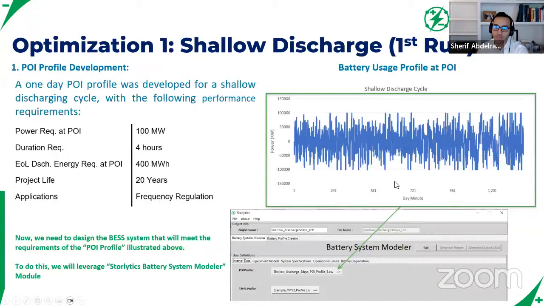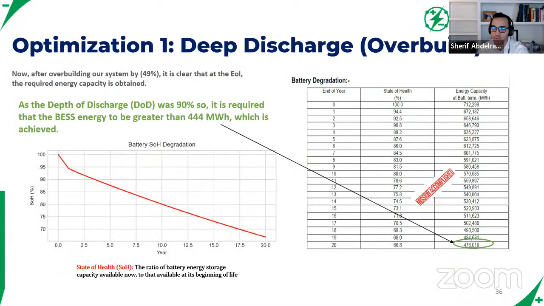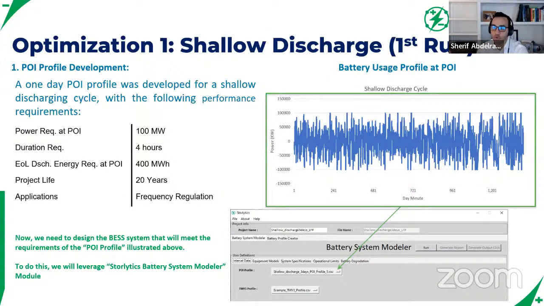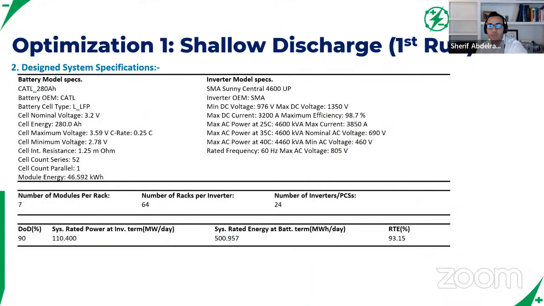So when you look at the two, it's 1 cycle a day here and 1 cycle a day here. The only difference is, the first case is deep discharges, and the second case is more shallow discharges, which you would expect from a frequency regulation use case or ancillary service.